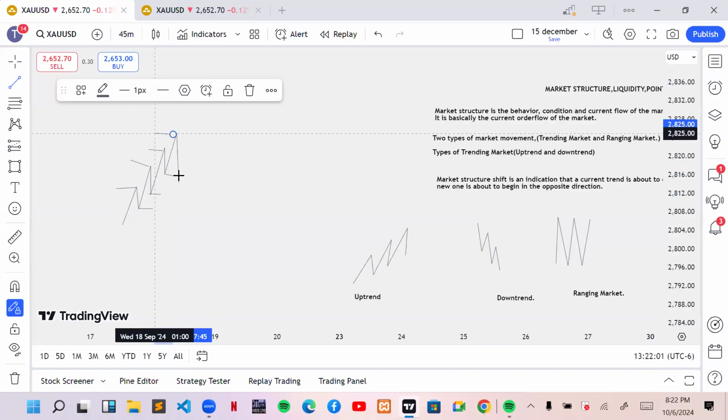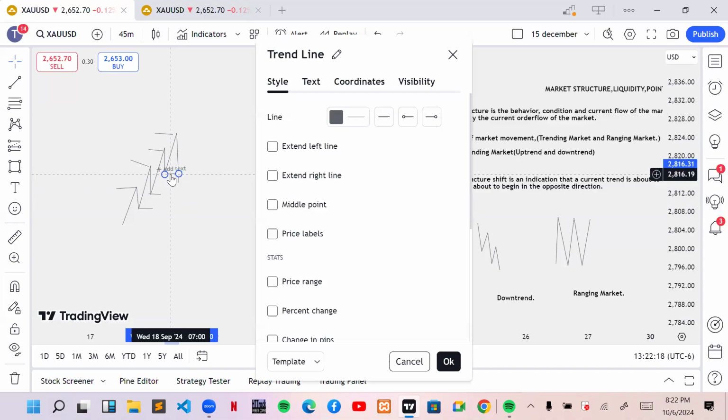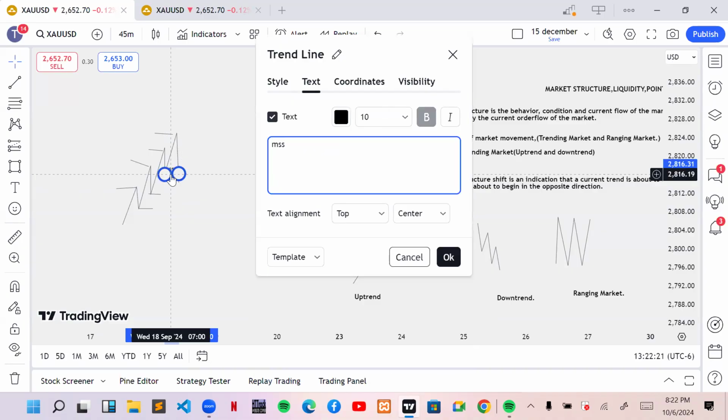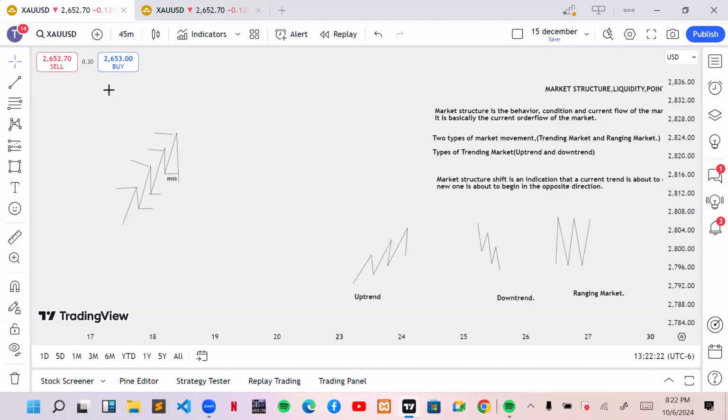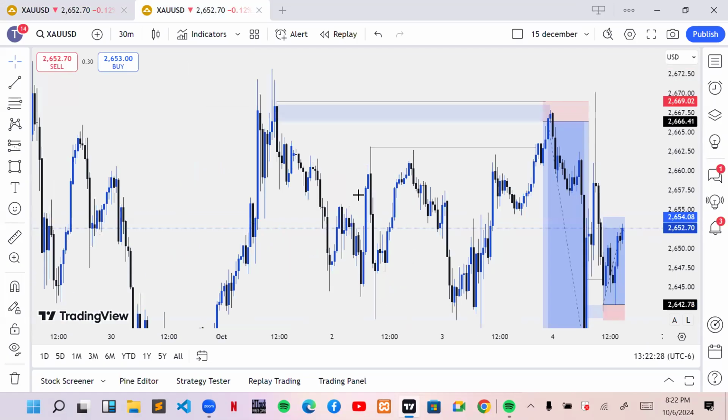Then what did the market do? It broke down this low, meaning that this is no longer an uptrend. It has already changed structure to the downside. So you mark this place out as your market structure shift. Mark it out with MSS. That is what market structure shift stands for: MSS.